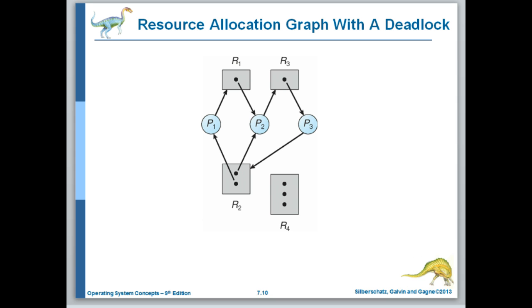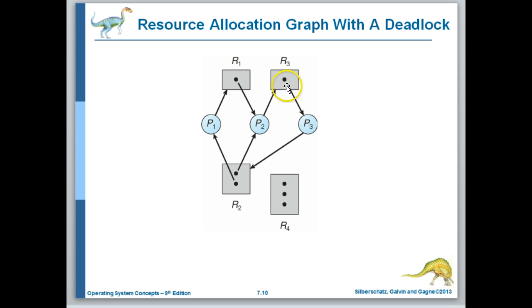So here's an example of a resource allocation graph illustrating a deadlock. We have this cycle in the graph here, but this cycle isn't, in a sense, the one illustrating the deadlock, because if it were the case that process 1 could release this resource, then process 3 could pick it up, and that would break this cycle.